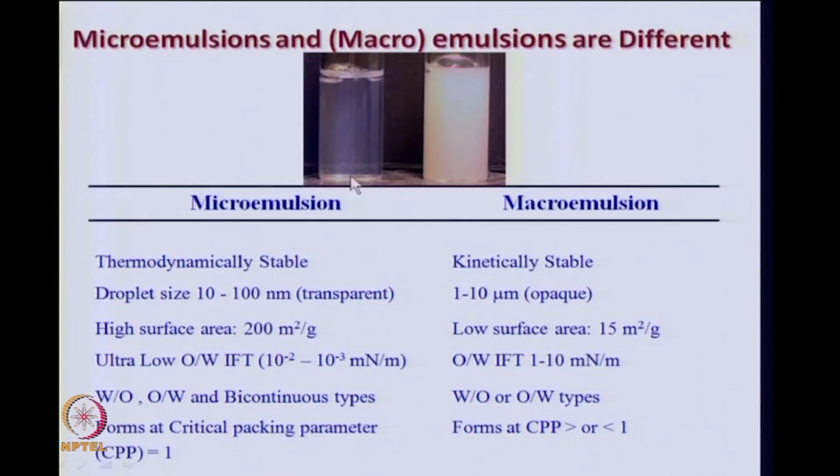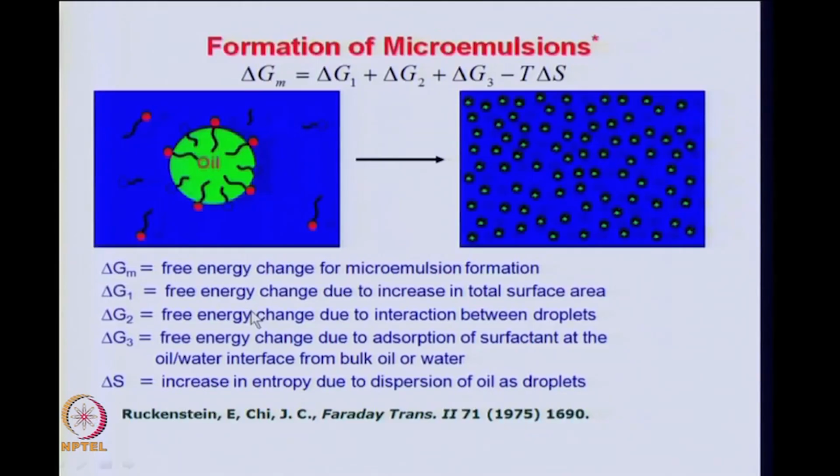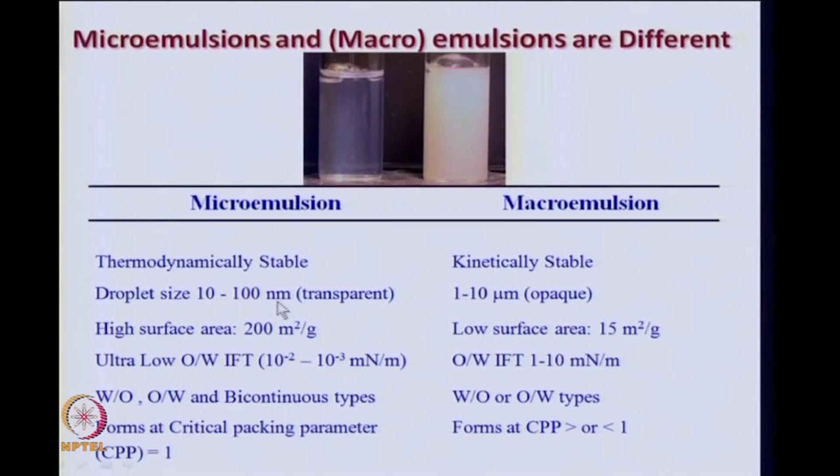The other properties of a microemulsion is the size of the droplet, that means the size of the surfactant aggregates in which the water or oil is present, and that size is of the order of 10 to 100 nanometers, and it has high surface area.